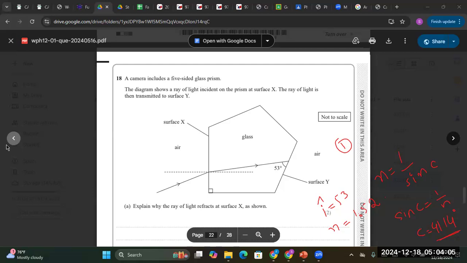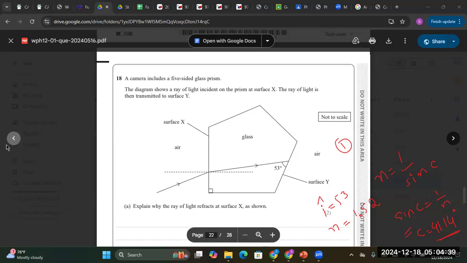Try it again and see if you get the same angle, 41.4. Are you getting this?